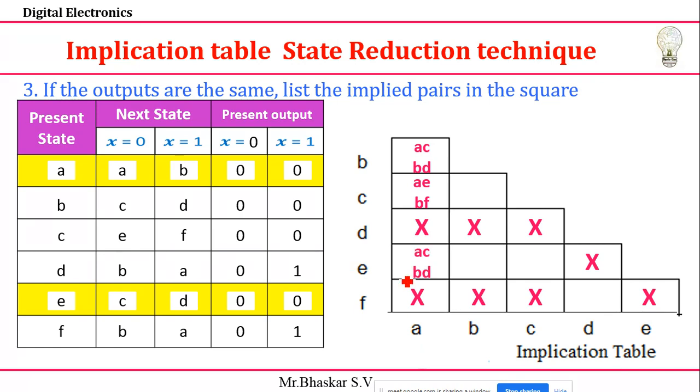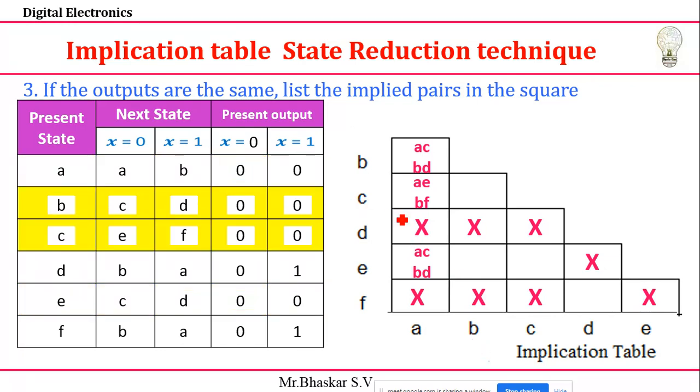Yeah, just write AC and BD here. Clear? Next, I'll go for B with respect to C. Again, repeat the process. Outputs are the same. Yeah, CE and DF. Just write it down. Next, this is very important. B with respect to E.